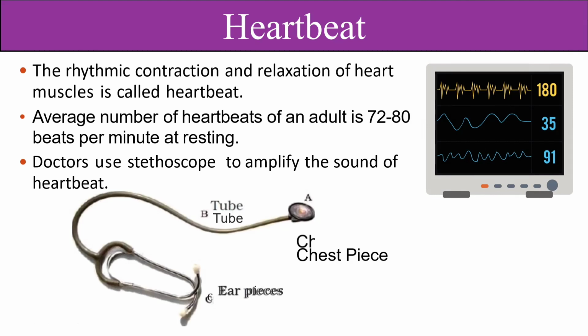The average number of heartbeats, which we have already learned, is 72 to 80 beats per minute at rest. Doctors use the stethoscope to amplify the sound of the heartbeat. We have generally seen this stethoscope which is used by the doctor, right?